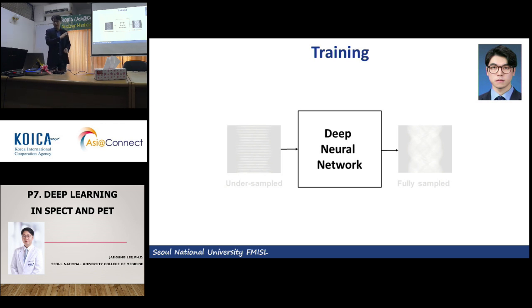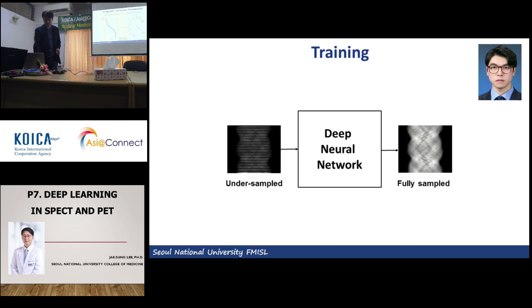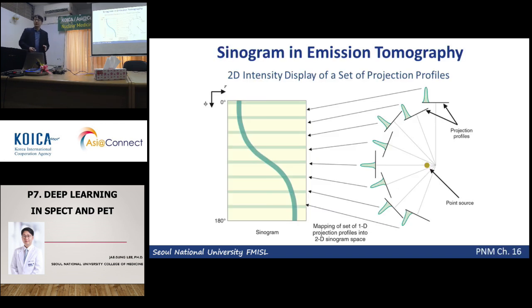But I think we have a quite good rationale for this kind of interpolation in the sinogram space. As you may know, a point source in the image space is represented as a sine wave in the sinogram.